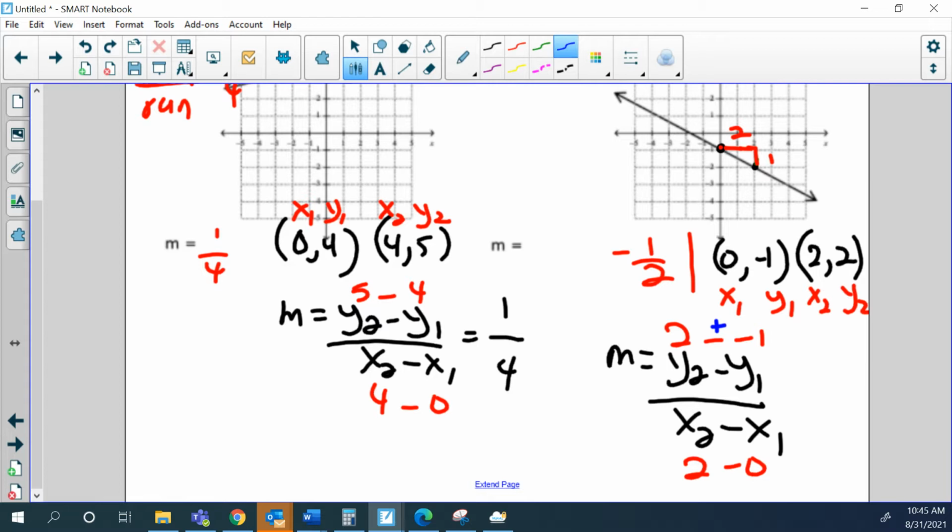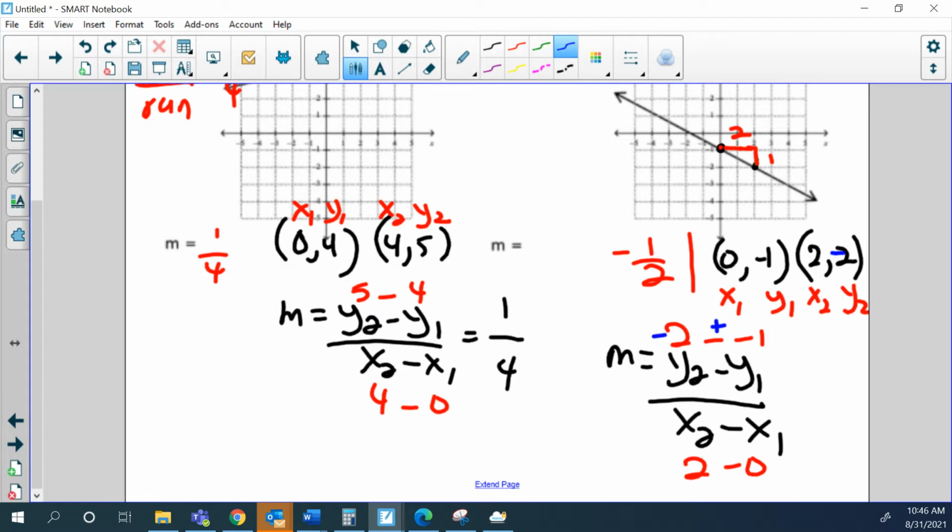0, negative 1, and 2, 2. I'm sorry, this will be negative 2. There you go. 2, comma, negative 2. So that's where I made my mistake. So this should be negative 2. My y2 is negative 2.